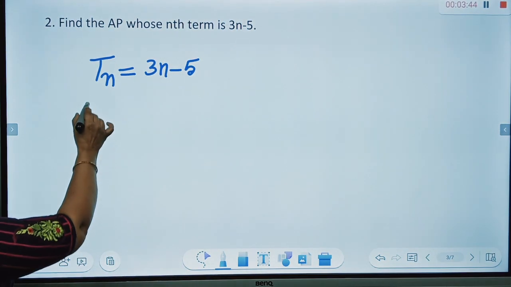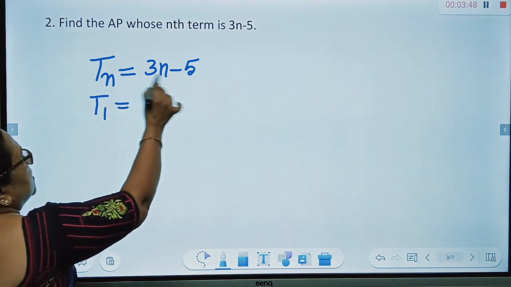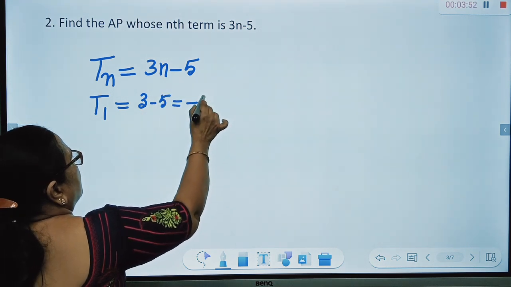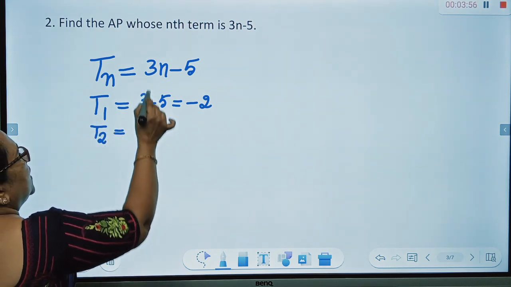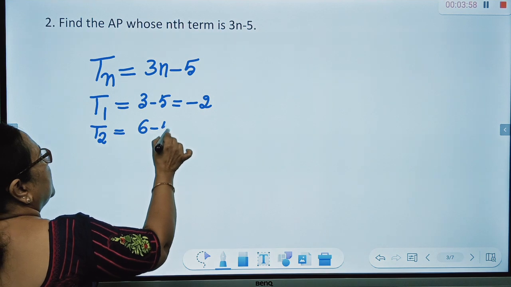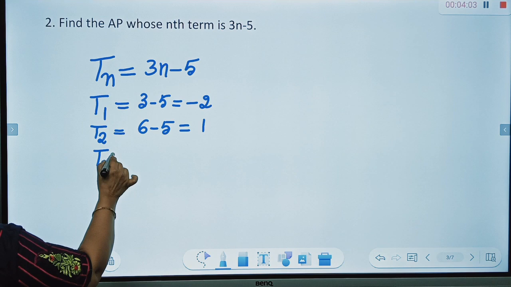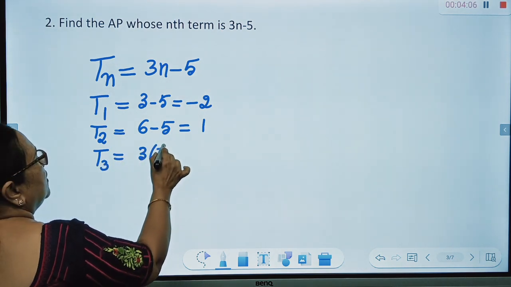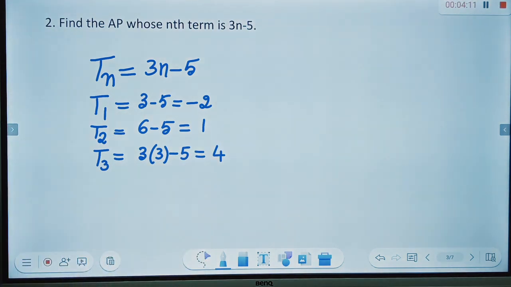So if you look here, when I put n equal to 1, I get the first term. So I will get 3 minus 5, which is minus 2. The second term will be 3 into 2, 6 minus 5, which is 1. The third term will be 3 into 3 minus 5, 9 minus 5, which is 4.